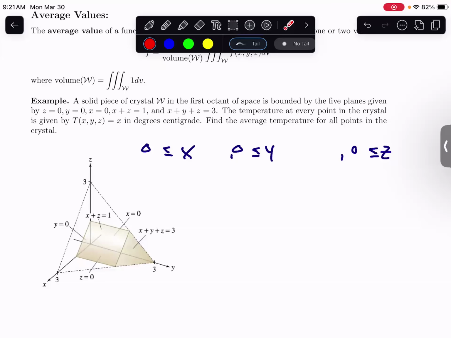Based on what I've been saying today and the last time we talked about triple integrals, the innermost integral should be in terms of two other variables. The only one described in two other variables is y, because you can describe x and z using this equation. So we should be using this equation to describe y.